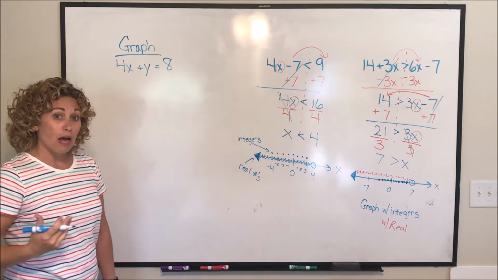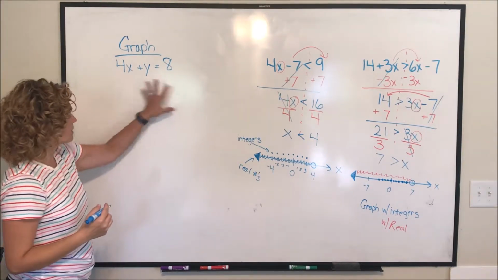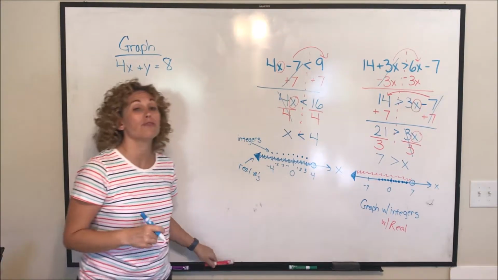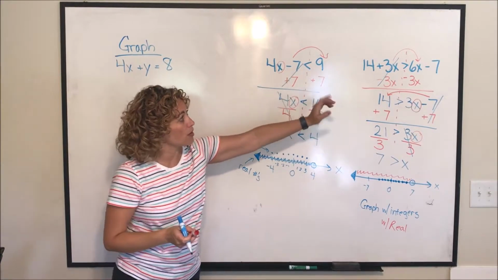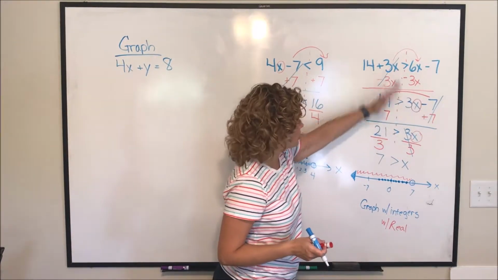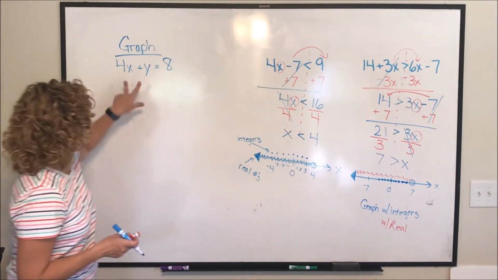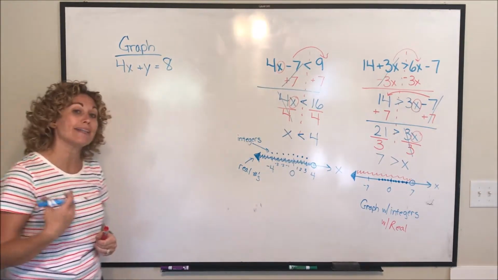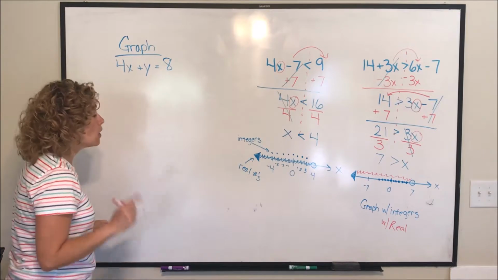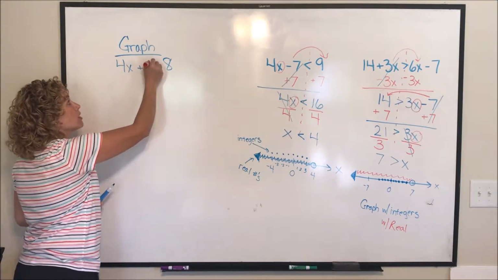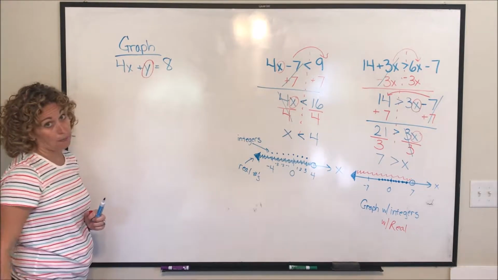Now, when we graph, when it's set up like this, we're going to have to solve for a variable, just like we did over here. Here there was one variable, so you just solved for it. Solve for x. Here there are 2 variables, so somebody has to tell you what to solve for. When you're graphing, usually you want to solve for y. Okay?